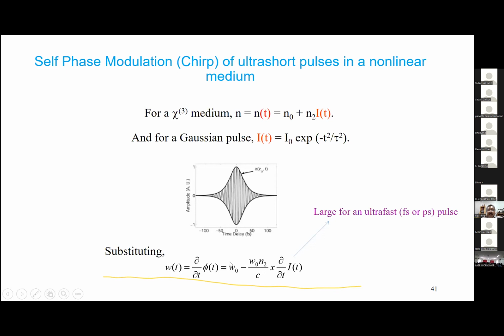In fact, in addition to omega naught, there's an extra term here, and that extra term becomes important if dI/dt, the rate of change of the intensity, is large. If this quantity is large, then you are going to have a large value here. And of course, this is large for an ultrafast pulse. So it is very clear that when you send an ultrafast laser pulse through a third order medium, it is quite possible that the instantaneous frequency is going to change.